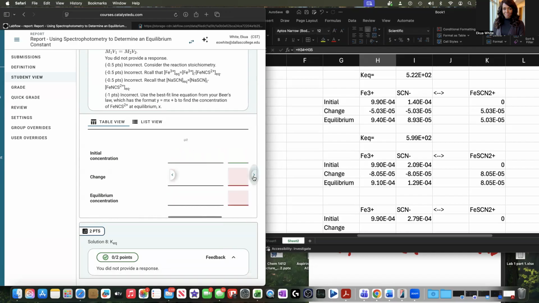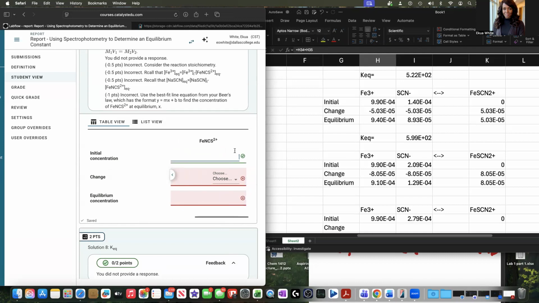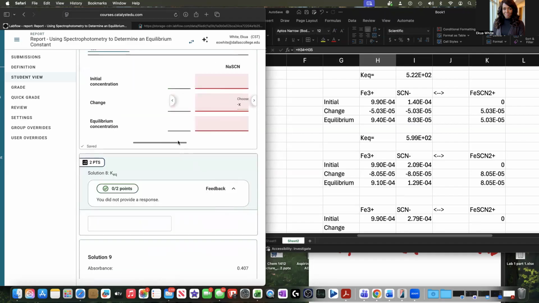And on the product side, it should be 0, negative, oh, no, this is the product, so plus x. And then we have 8.052 exponent -5. Okay. I really hope this works, y'all.